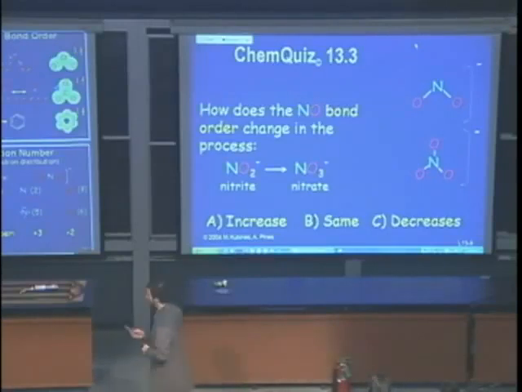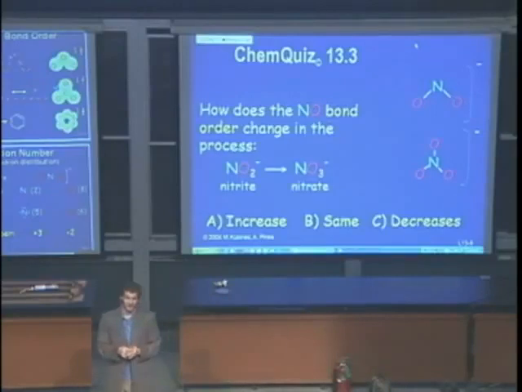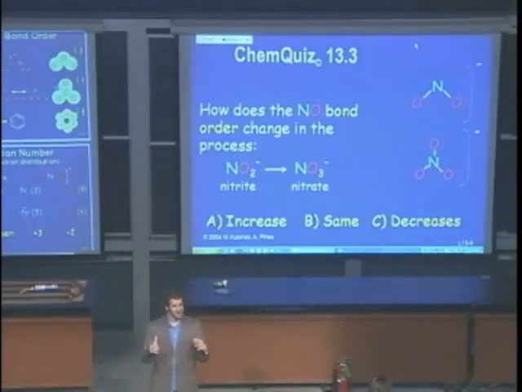Have I seen something with this skeleton that has 24 electrons that it could be isoelectronic with? Got to think about resonance structures. Got to think about the averaging of those structures to get me bond order.